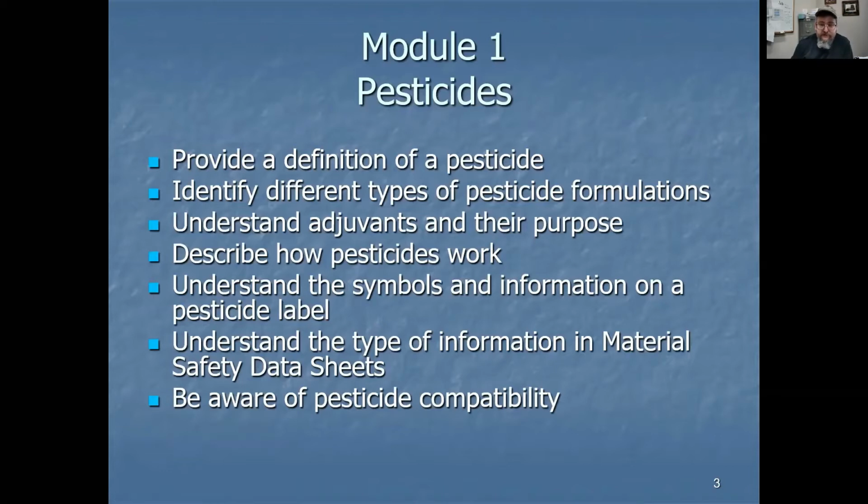We'll identify the different types of pesticide formulations, understand adjuvants and their purpose, describe how pesticides work, understand the symbols and information on a pesticide label, understand the type of information contained in a material safety data sheet, and be aware of pesticide compatibility.